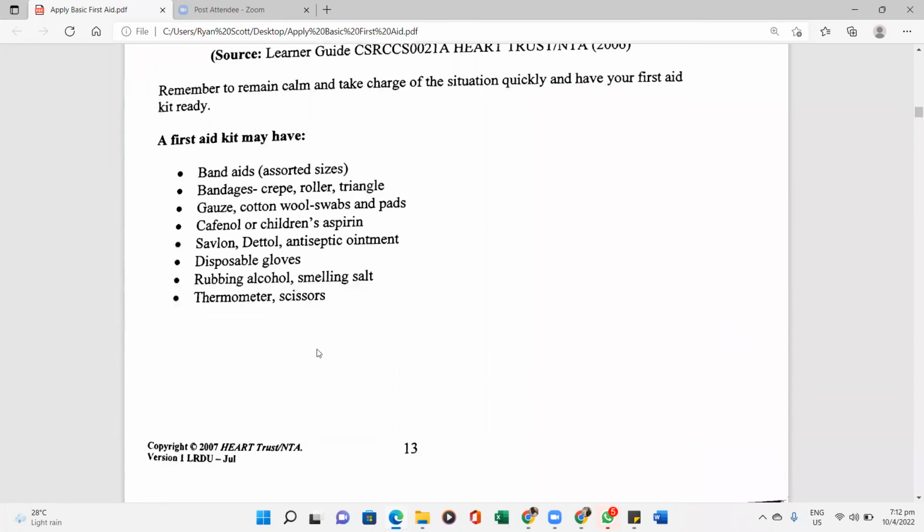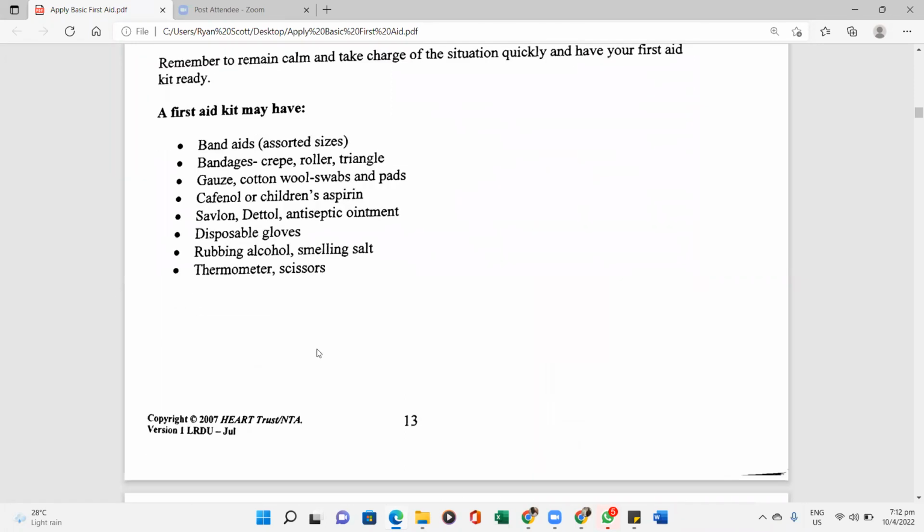So now we look at the first aid kit, and the things in the first aid kit would be Band-Aids, bandages, we have crepe and roller and triangle. And you have gauze and you have cotton wool swabs and pads, right? Children's aspirin or Panadol, Savlon.